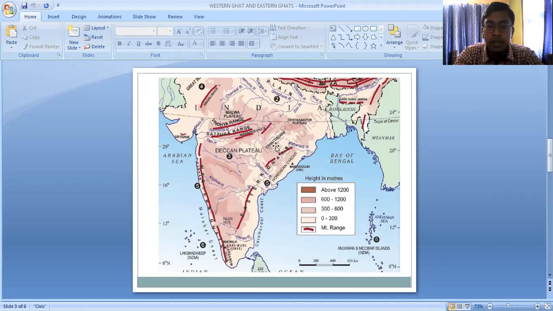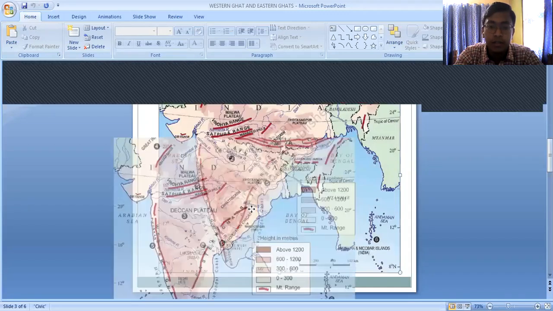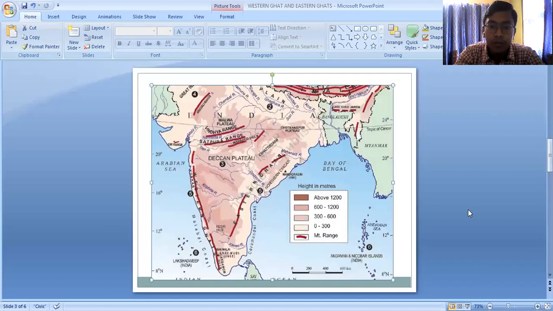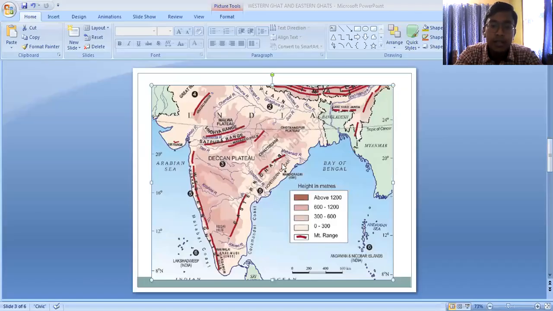Here you see that the Mahanadi River has been marked. So basically the Eastern Ghat ranges between the Mahanadi River and the Nilgiris. Here lies the Nilgiris. So from the Mahanadi River straight till the Nilgiris, this is the chain of hill ranges which forms the Eastern Ghat.